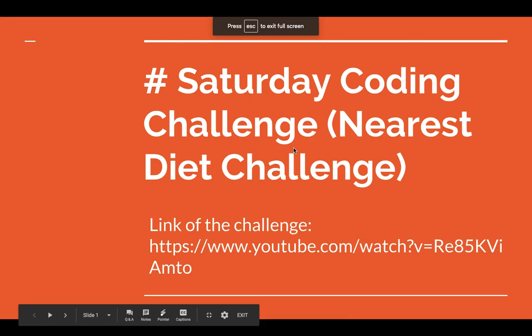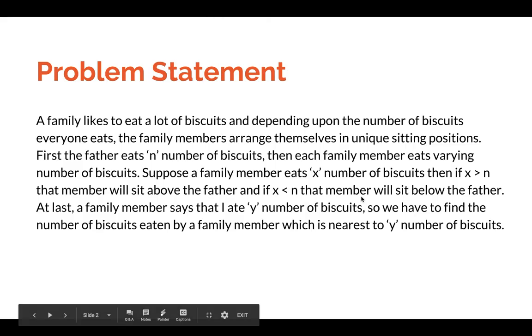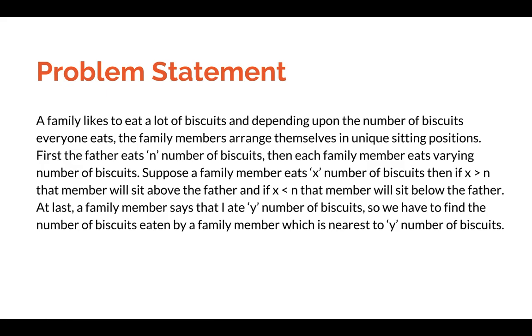So let's get started. The problem statement for this coding challenge is: a family likes to eat a lot of biscuits, and depending upon the number of biscuits everyone eats, the family members arrange themselves in unique sitting positions. First, the father eats n number of biscuits, then each family member eats a varying number of biscuits.